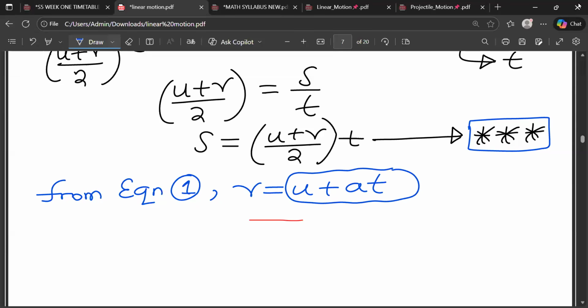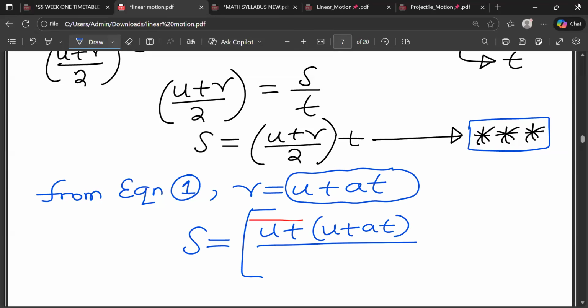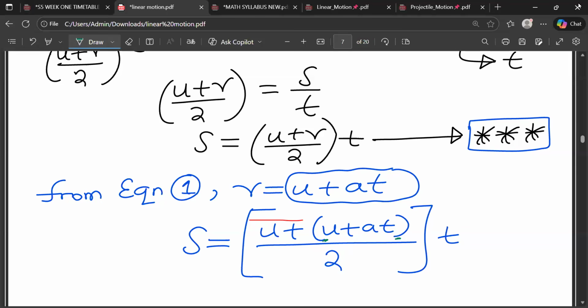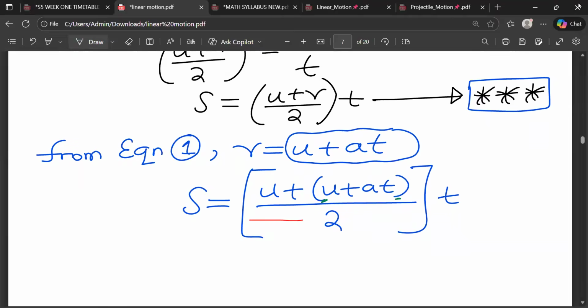So I say s is equal to, I'll have my brackets, I'll have my u, I'll have my v, but my v I've said it is u plus at, people can see that. Then all over my 2 is remaining, then square brackets, then my t. Why I've used square brackets? Because inside I've used the curved ones, and I explained that. Are we together? I don't want to leave anyone behind.